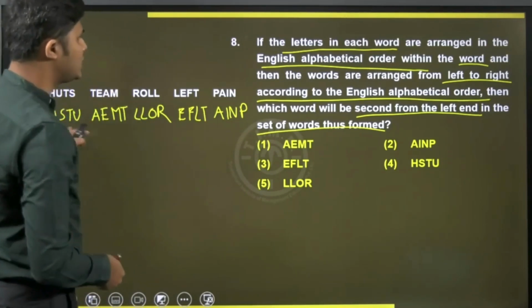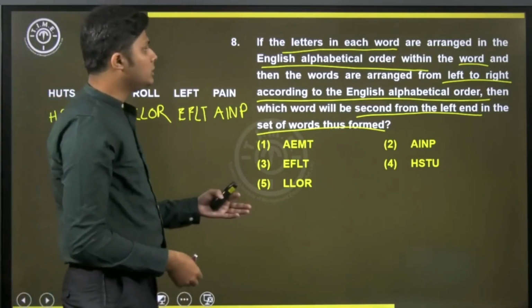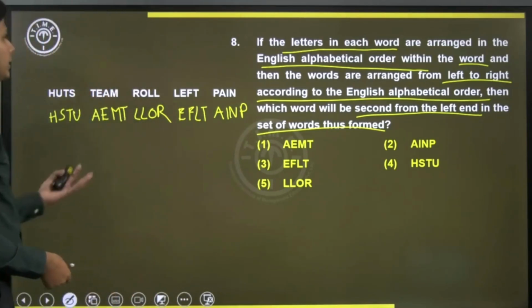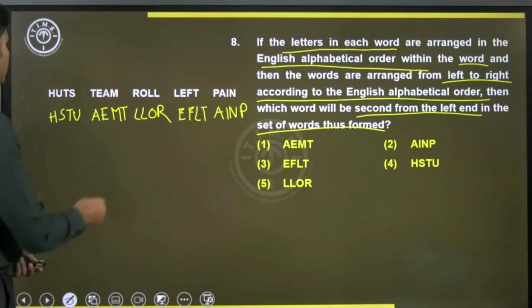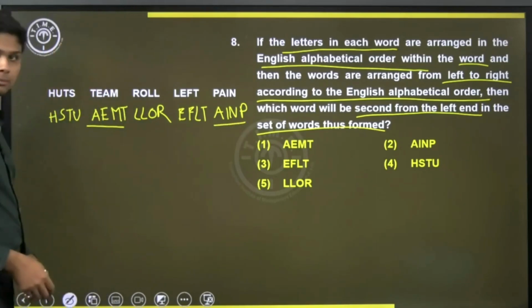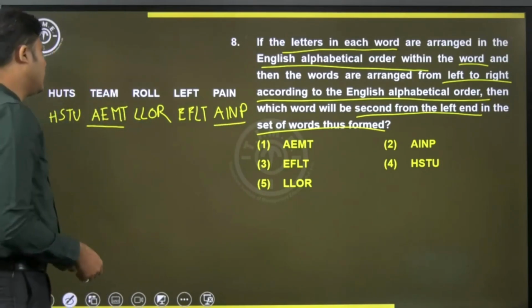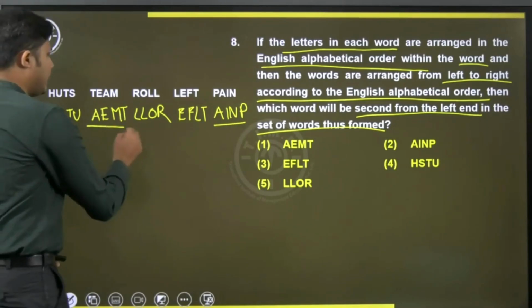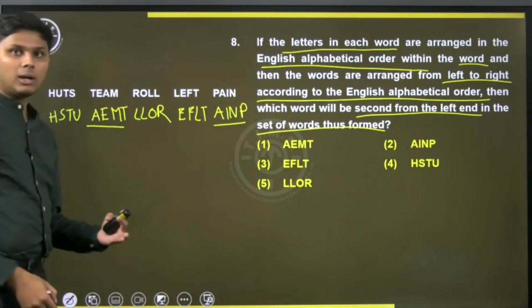So now we have to arrange these newly formed words in alphabetical order from left to right. So we have two words that start with A, but looking at the second letter in the word, which is E and I, we know E comes first.